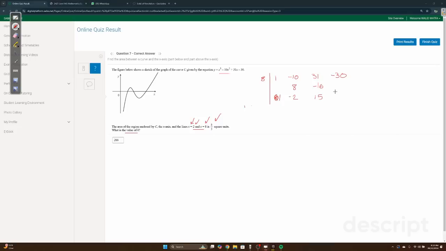Did I divide wrong? 1 times 8, minus 10, plus 8, minus 2. Let me try again. 2, 1, minus 10, 31, minus 30. 1 down, 1 times 2, 2, minus 10, minus 8, minus 16. Okay, 15, 30. Okay, that means 8 isn't a root.